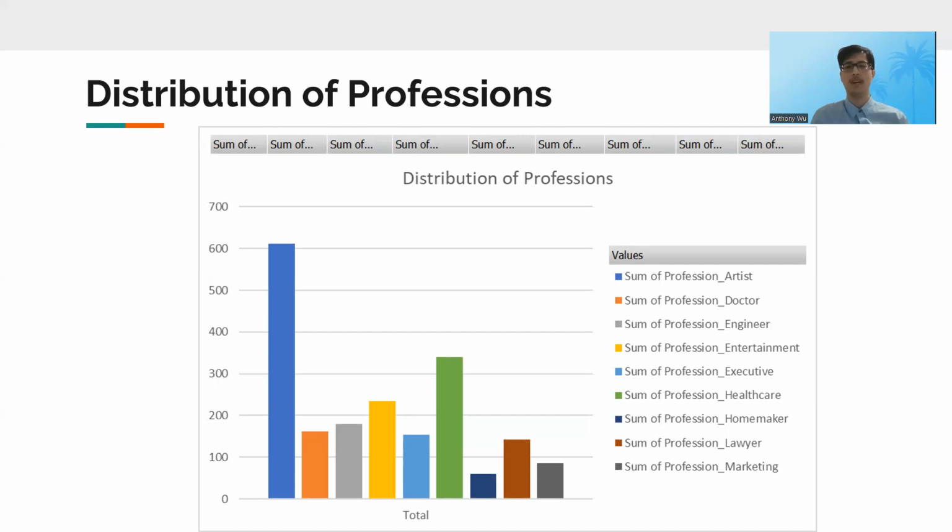The next one would be healthcare, and the lowest one would actually be homemaker. So given this information, maybe the store owner would like to perhaps have more artistic products such as canvases, paintings, paper, pencils, things of that sort, in order to bring more revenue to the store.